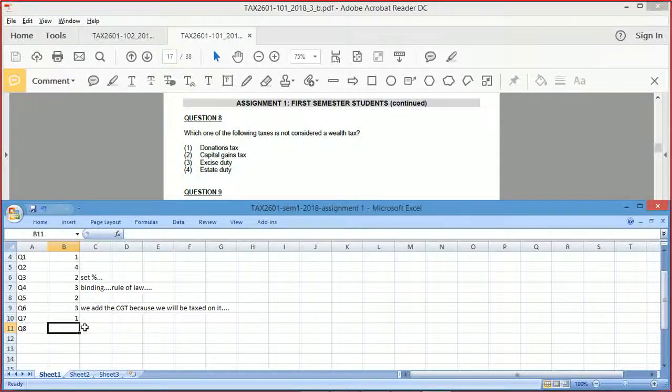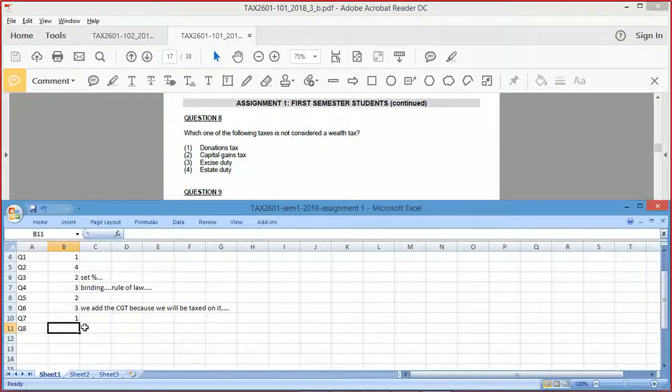CGT, what does that get applied on? The things that you gain during the year. Good, the things that gain value, that have a capital gain when you sell. And what do we sell? Assets of value. So that's also a wealth tax. Excise duty applies to what? Imports and exports.